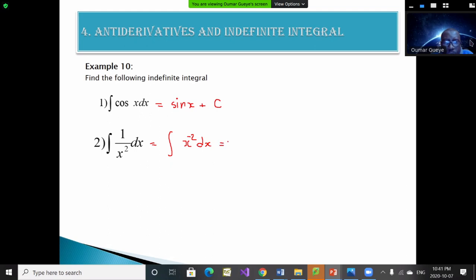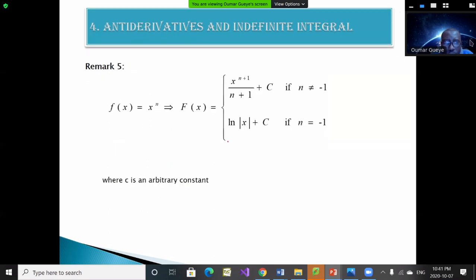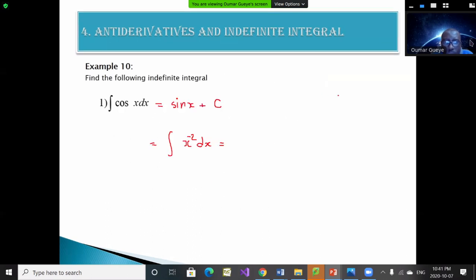And when you use the power rule, I'm talking about this rule, now we're going to use it when n is equal to minus 2. So it means you have to use this part, n equal to minus 2, not equal to negative 1. So when you use it, it's going to be x to the power minus 2 plus 1, which is negative 1, over negative 1, plus c.